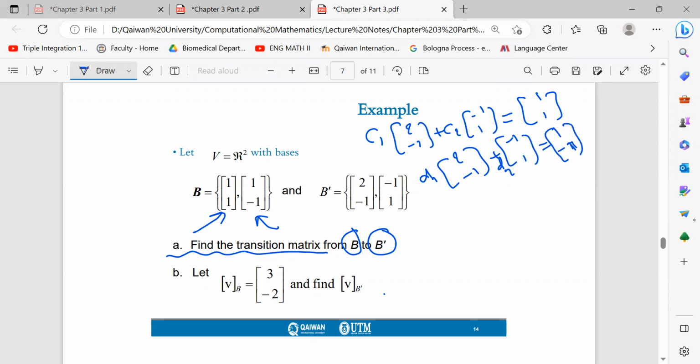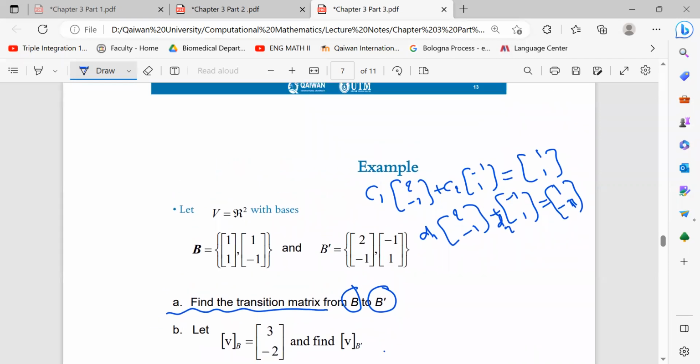That's it. We write down each of these vectors, first this one as a linear combination of these two, and also this one as a linear combination of these two. The left-hand side is the same, but the right-hand side changes. In the first one, it's the first vector, in the second one it's the second.